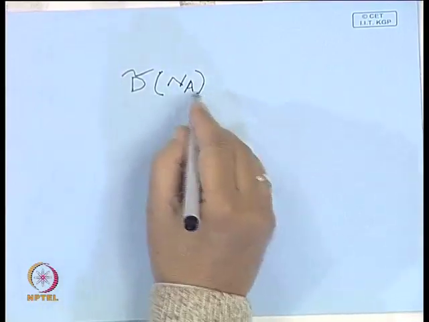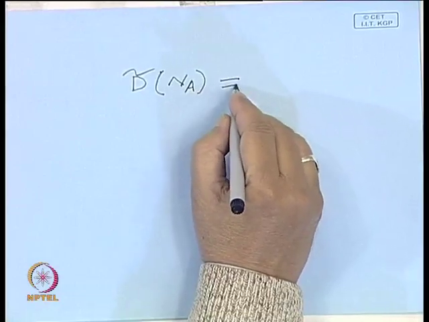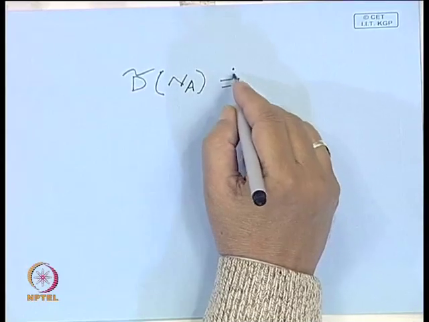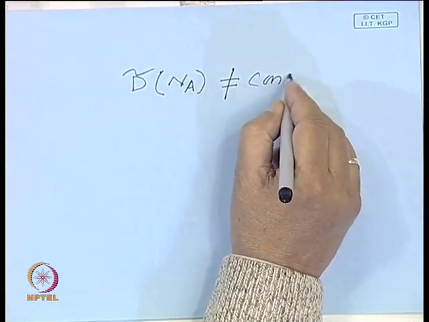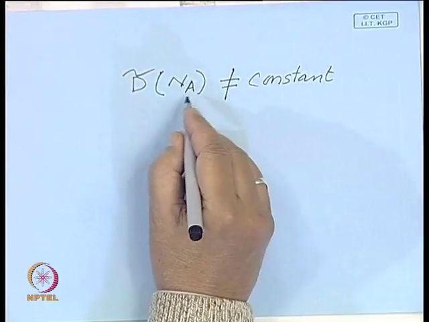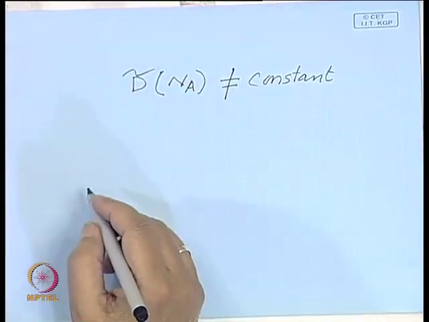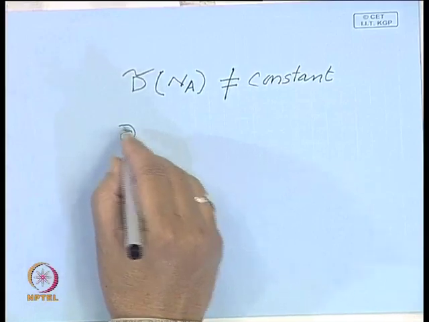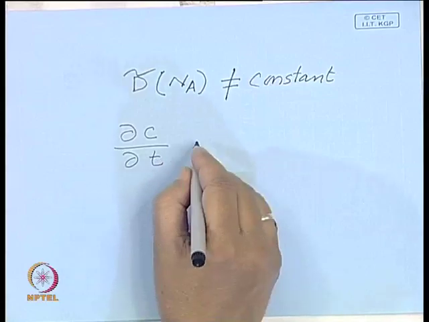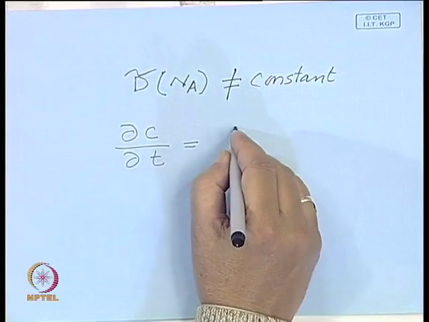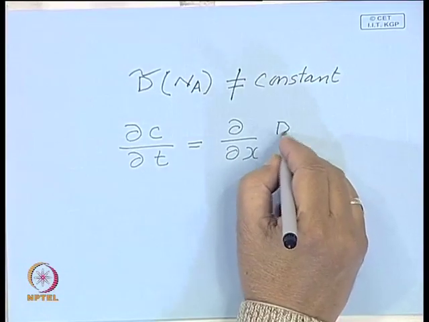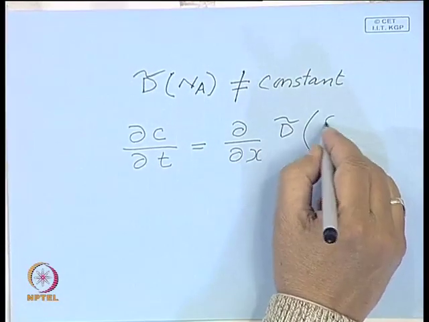So, this is not a constant, it is a function of the composition. So, that is why this diffusion equation, when you try and solve it, even in one dimension, we treat it like this.